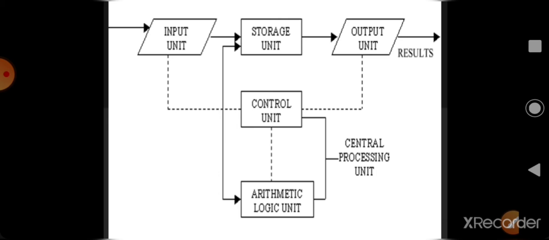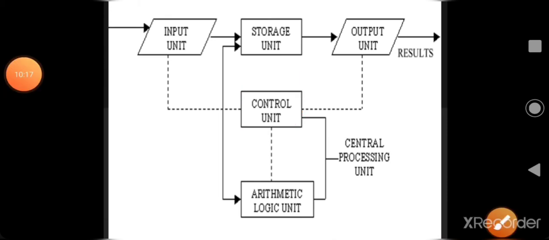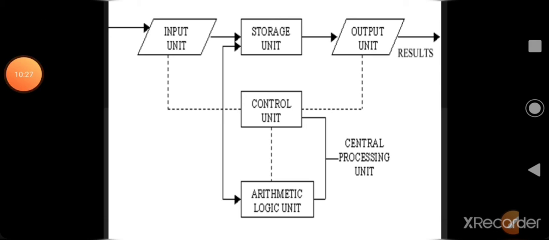And one more thing, the control unit. It will control all the parts of the computer, like a traffic policeman. A traffic policeman controls all the sides of the road.